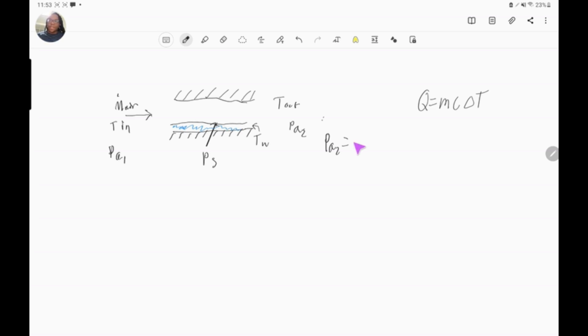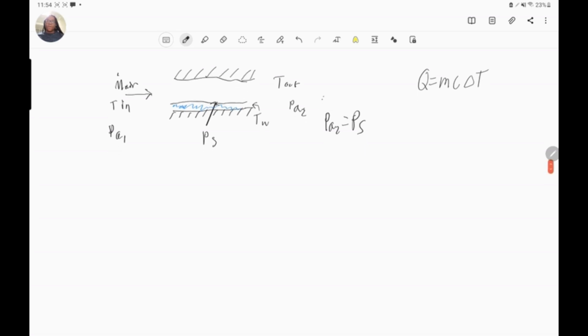It's going to be saturated. And so that's going to be the partial pressure of saturation at the surface, so it's going to equal PS. And so from here, we are going to analyze the enthalpies.